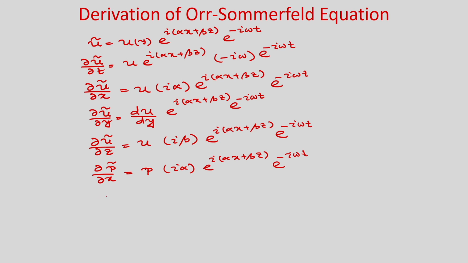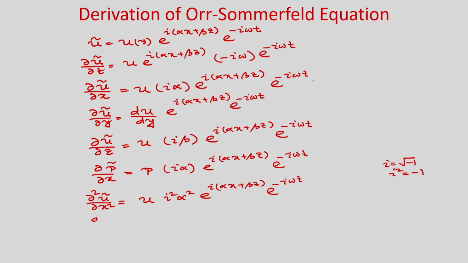And similarly, if you find del 2 u tilde by del x square, from here you can see it will be just u i square alpha square e to the power i alpha x plus beta z e to the power minus i omega t, and i is equal to root minus 1. So, i square is minus 1.